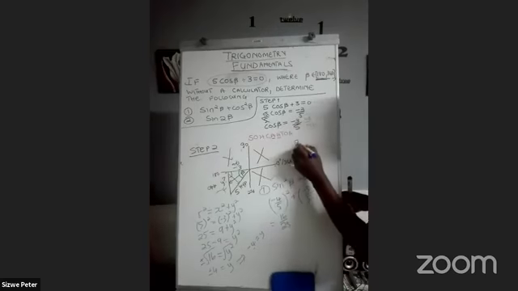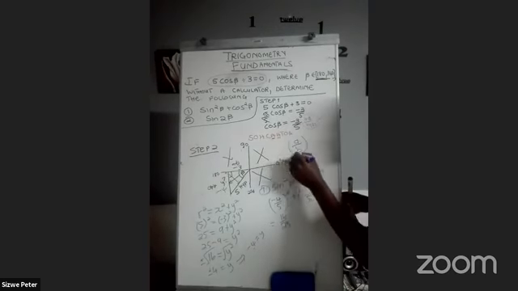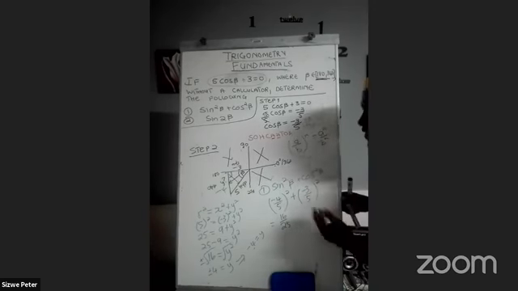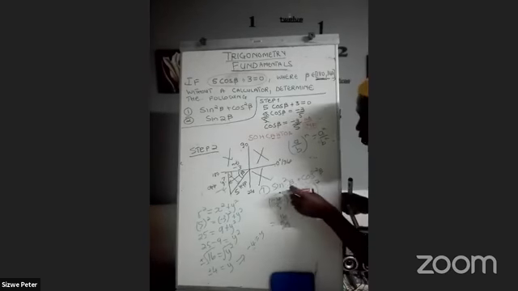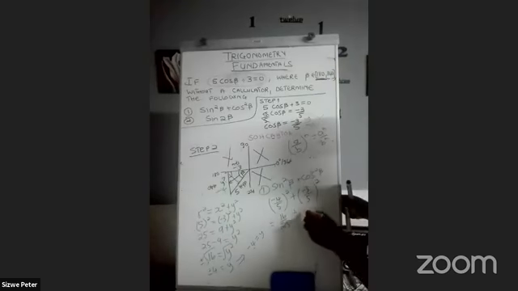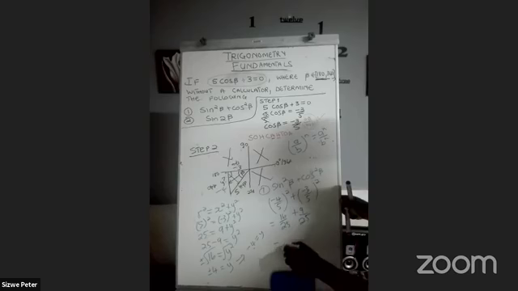Remember the exponent laws: a over b to the exponent n means a to the n over b to the n. So minus 4 squared is 16, 5 squared is 25, minus 3 squared is 9, and 5 squared is 25.